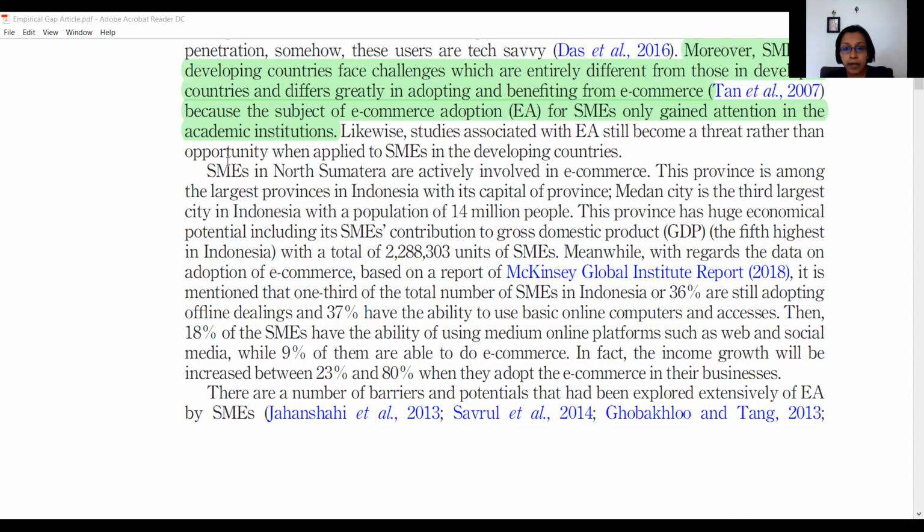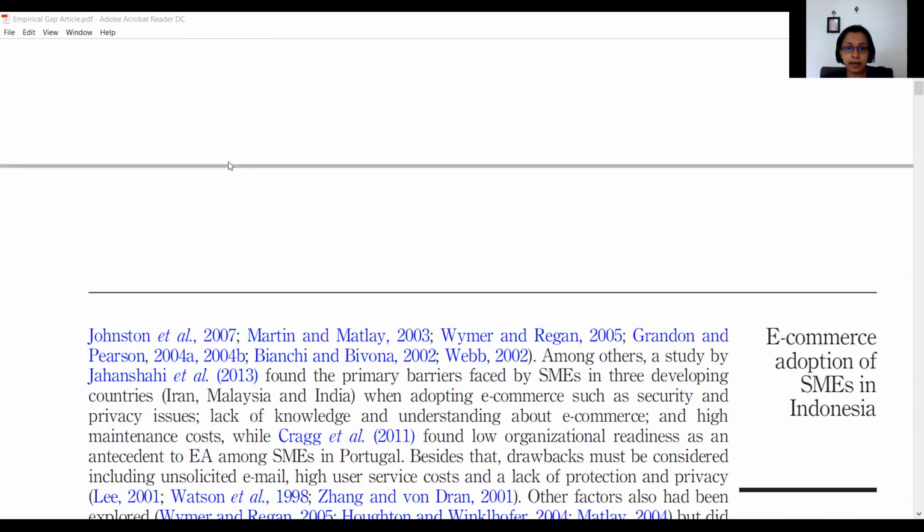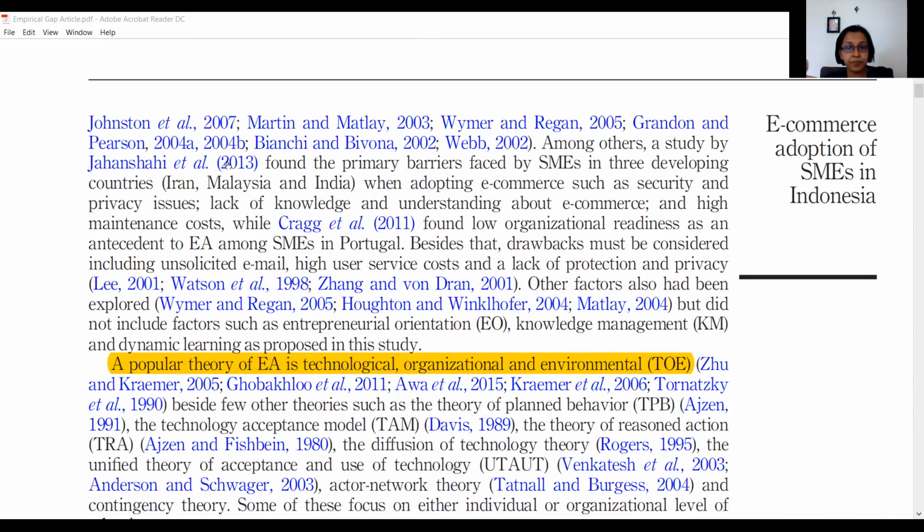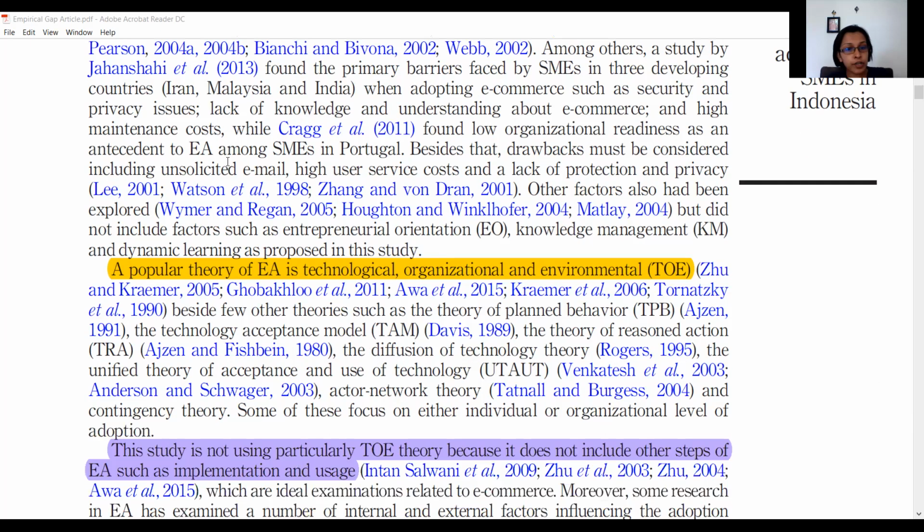Okay, so likewise it explains some things, and continuously it goes with some kind of theoretical background of adoption of e-commerce, right? It says the popular theory of e-commerce adoption is the technological, organizational and environmental theory, right? When people are trying to find out what factors influence e-commerce adoption, the popular theory, like the motivation theory, right?